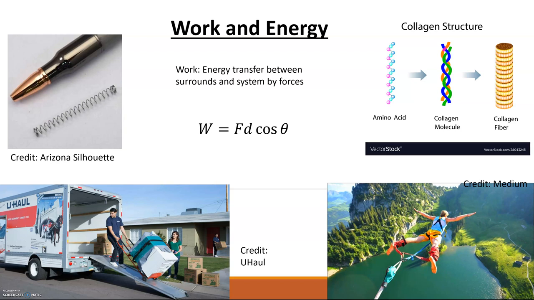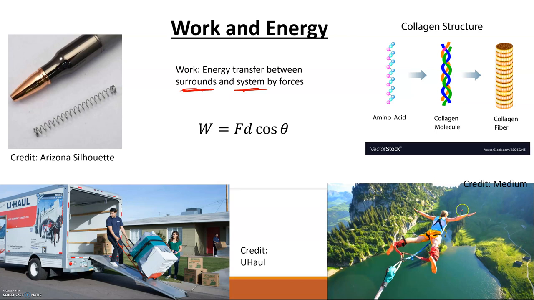by forces. A system could be, as in the previous modules where we've dealt with blocks as systems, whatever object or objects of interest that you are looking at. That's your system. Everything else is your surroundings.